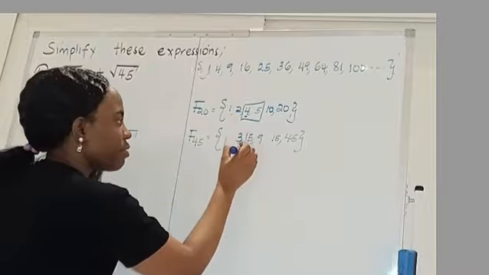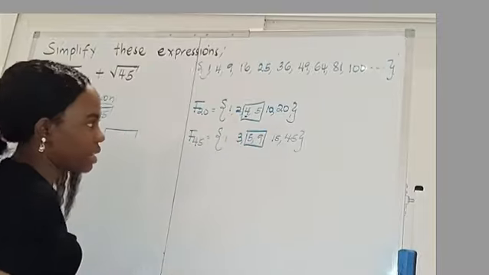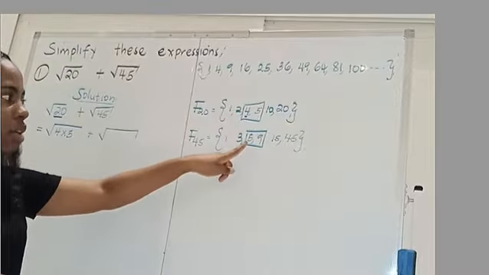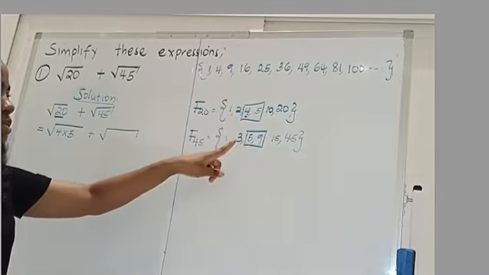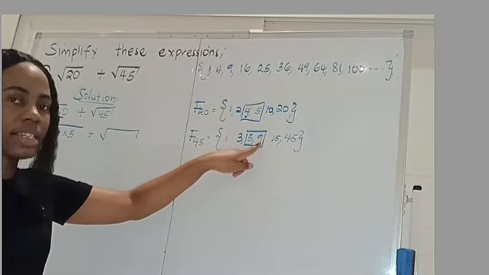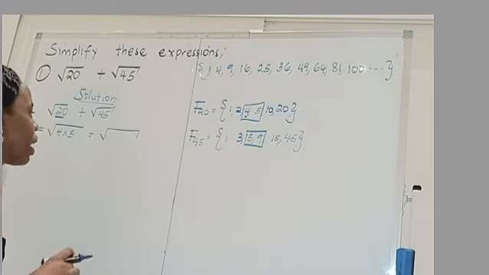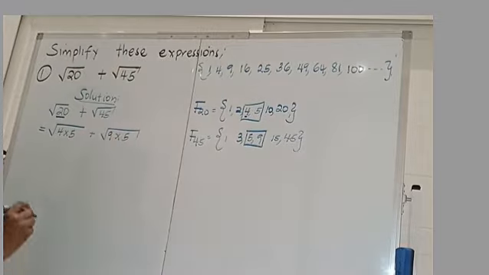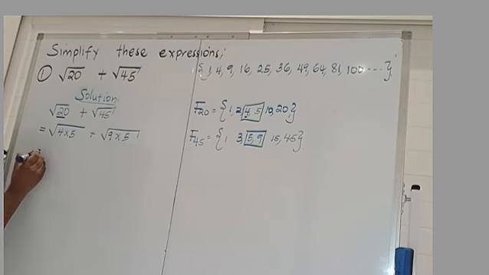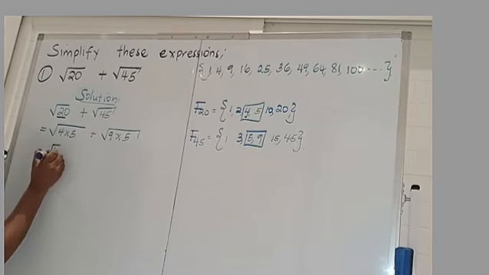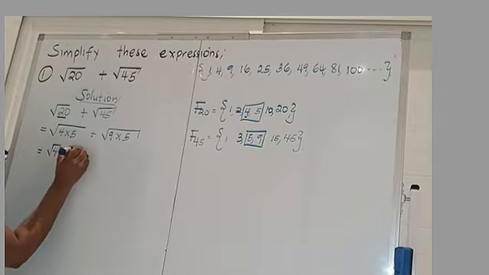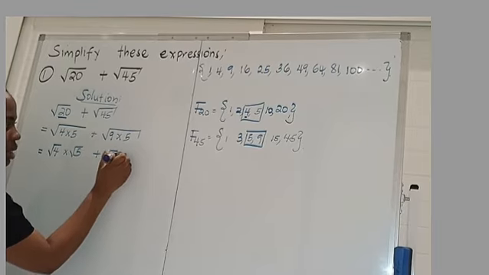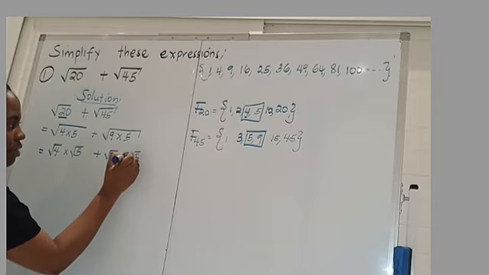You find that 5 times 9 will be the best values to substitute because 9 is a square number. So I will have 9 times 5 here. Now let us split this. We have root 4 times root 5 plus root 9 times root 5.